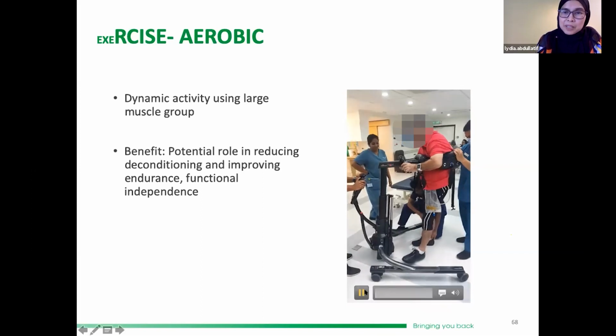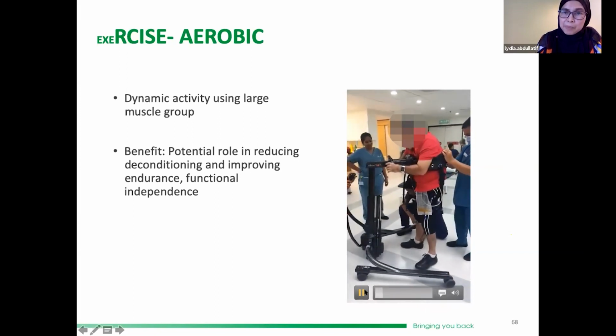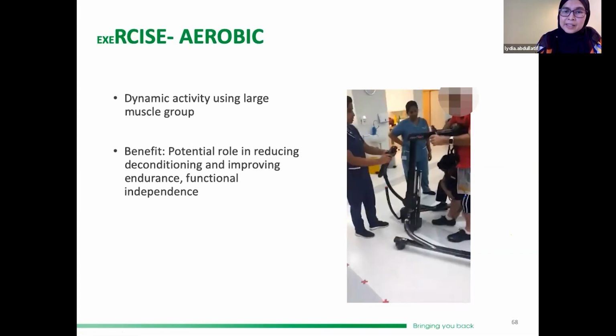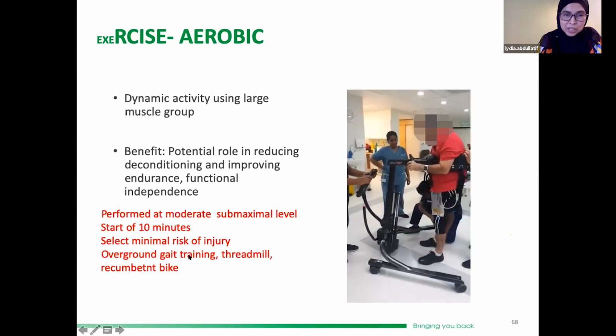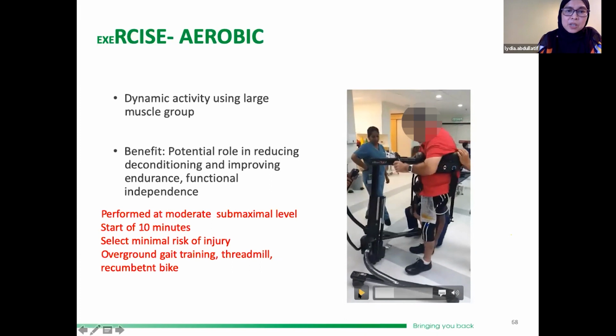You can use treadmills. You can use a recumbent bike. For MND patients, you must just do it at sub-maximal level. You start with about 10 minutes, and you need to select the type so that you can minimize the risk of injury.